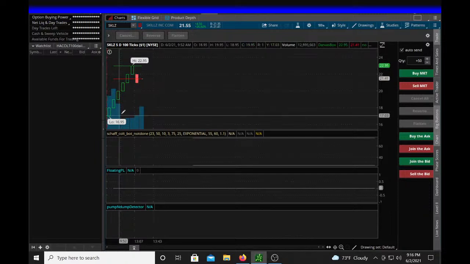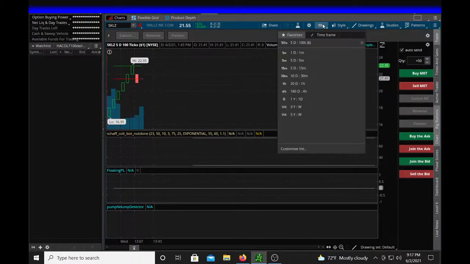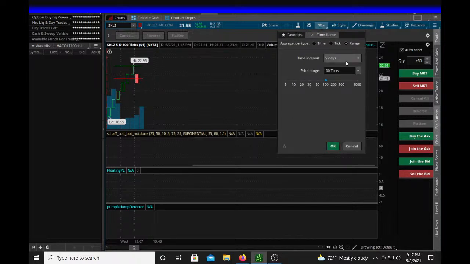But if you trade off of a 100 tick chart and something has hit its new low and it's finally reversed, you can buy in, and as long as it's going up on green bricks, you're in good shape, and you sell out on your red brick. All right, let's change this back over to a 25 tick.